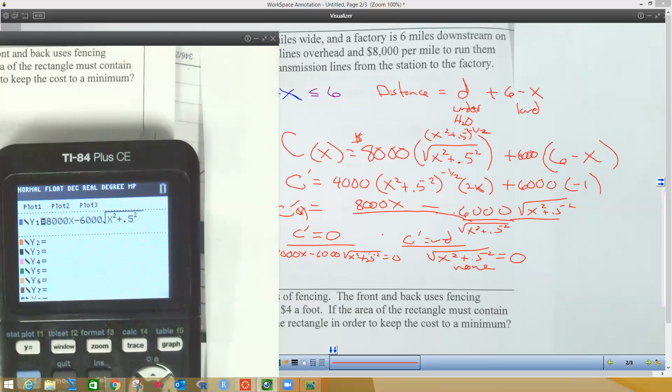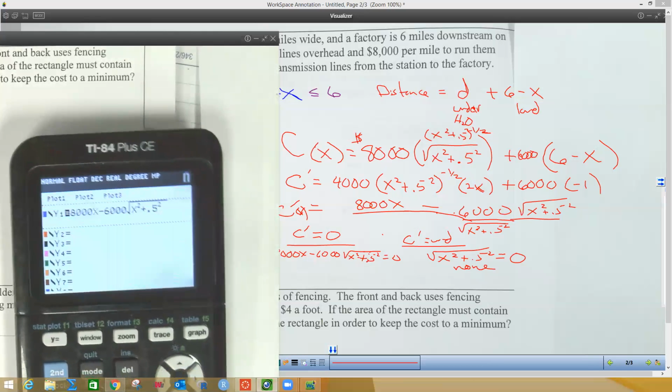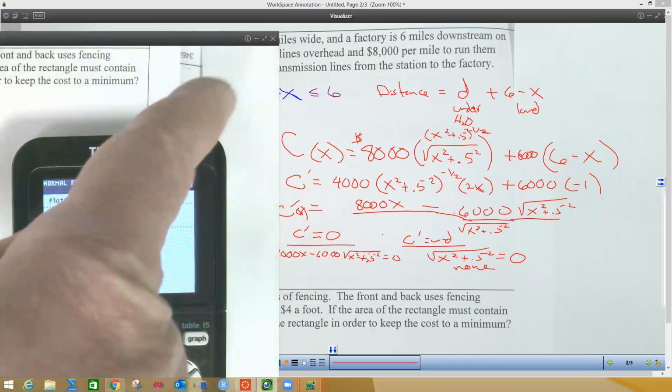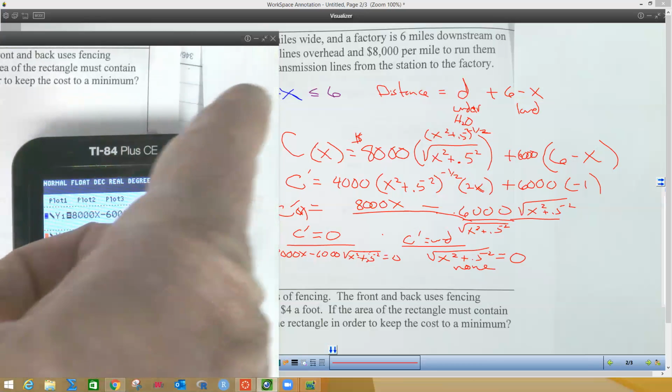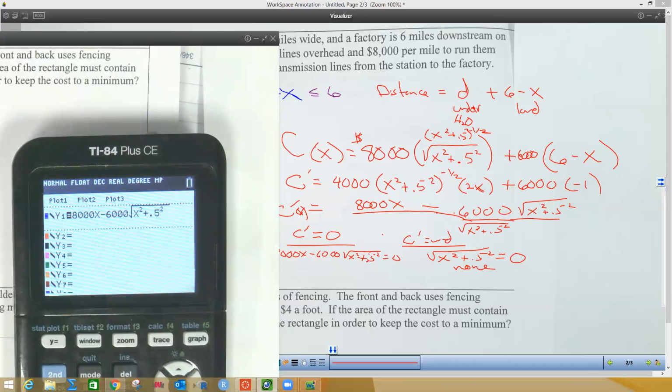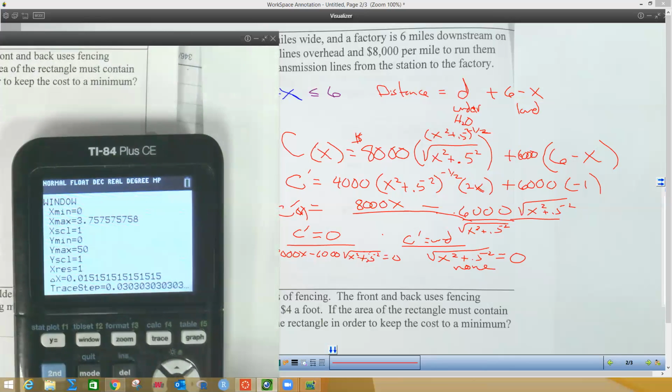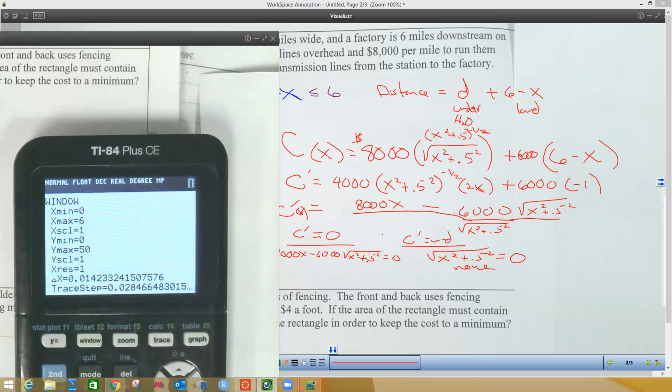Okay, so there's the equation right there. And remember up there at the top, to the right of my finger here, is where we have our interval from 0 to 6, right? Because that's how far x can be. So when I do my window, I only want to go from 0 to 6.